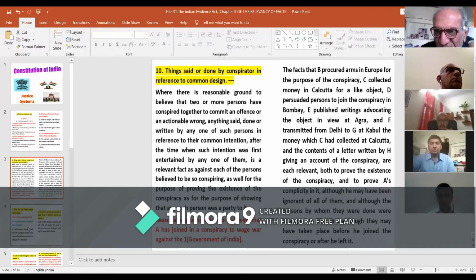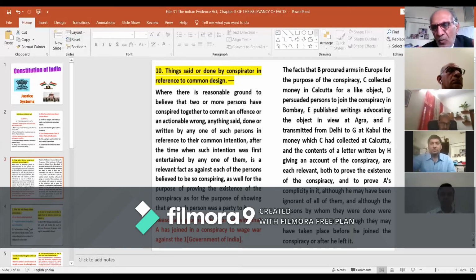So the touchstone by which the act done or some document written by one of the conspirators is to be tested is whether or not it is after the conspiracy stands agreed, hatched, and the act done is in reference to the common intention.